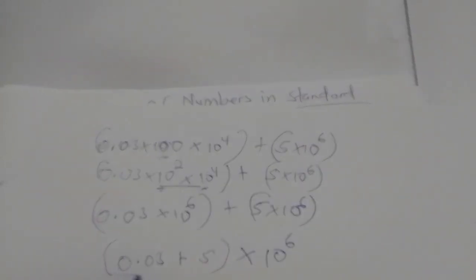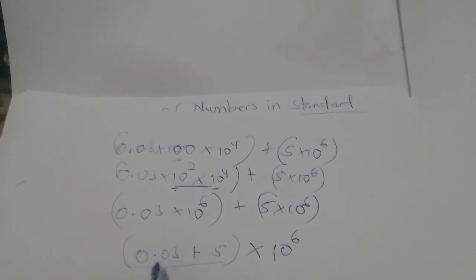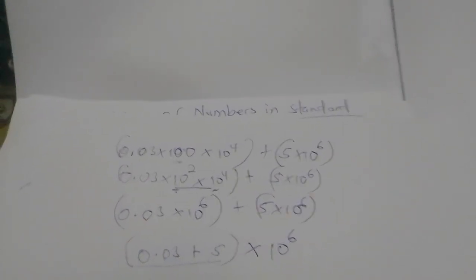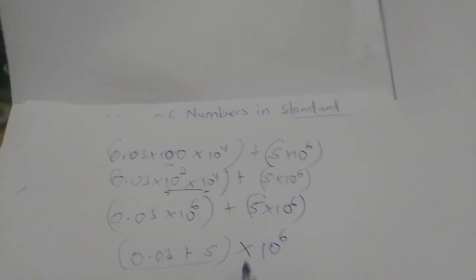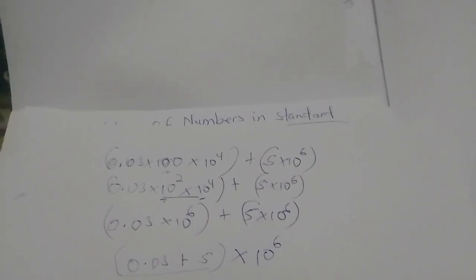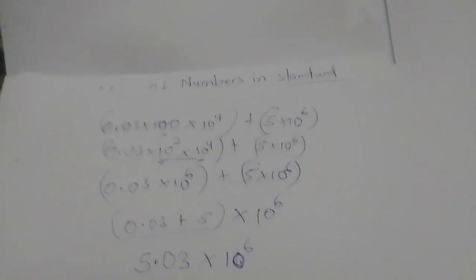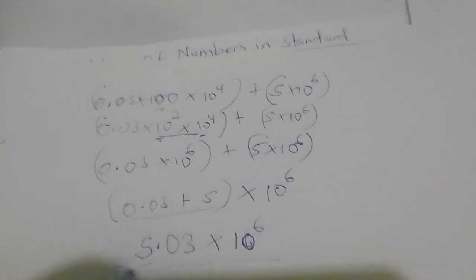Now we are going to add this, okay? Now, if we add this one, this is 0.03 plus 5. This gives us 5.03 times 10 to the power 6, okay? Now, this is how to do it. So this is actually our answer, okay?